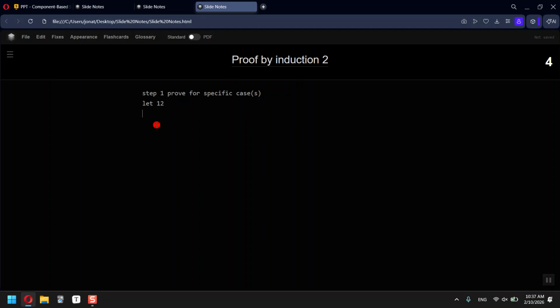This is partially why we need all 5 base cases, because if we go from the largest one and we want to prove it for the next element, that would be 17. Then 16 would be k, so k minus 4 is 12.